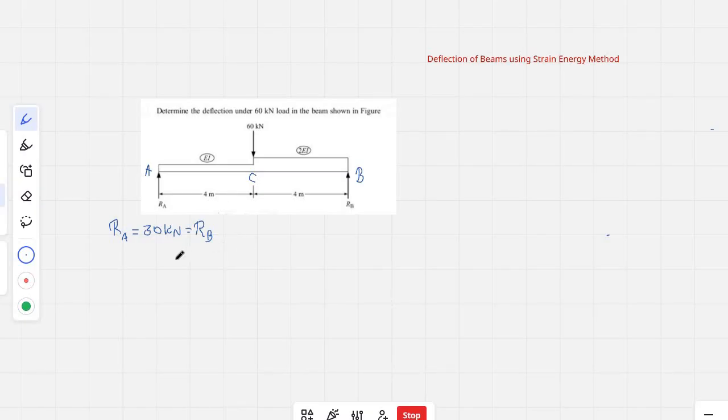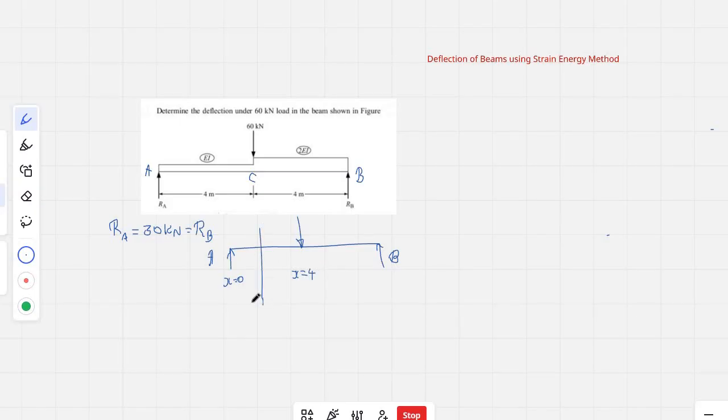Now how to do this problem? We will take X from the point A. Suppose you take this beam, this is A and this is B. Let us take the limit as X equal to 0 at this location and X equal to 4 at the other end.